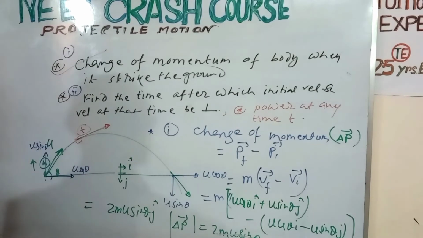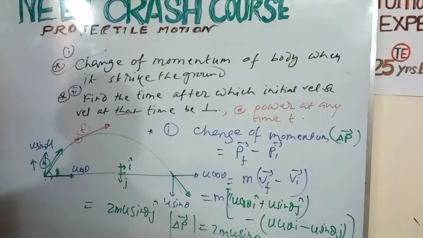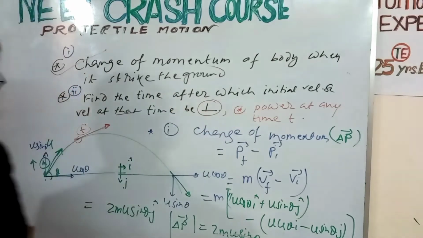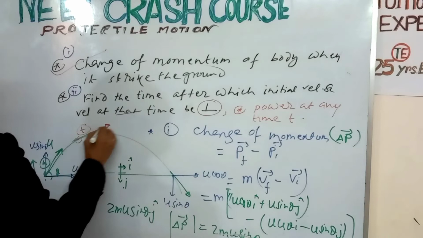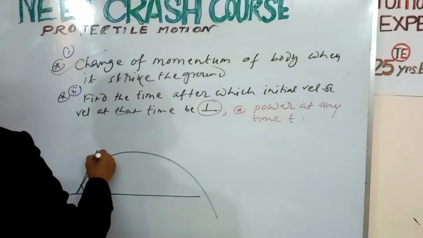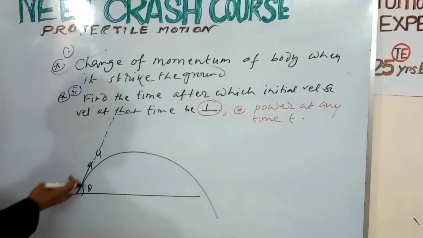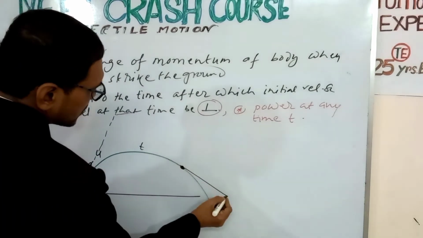Second question: find the time after which the initial velocity and the velocity at that time, that is the final velocity, are perpendicular. Suppose the initial direction of velocity is this. Suppose after time t the body reaches here and the velocity is this.